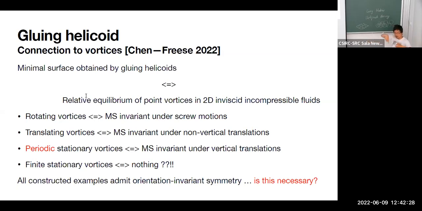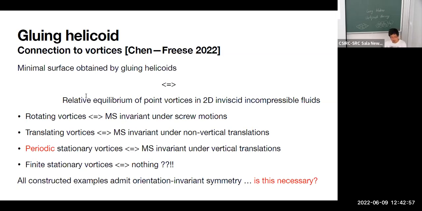For example, one clockwise, one anti-clockwise, same strength. You can create these two vortices by placing a plate in a swimming pool and just doing this, and you will see two vortices moving together like this. And this will give you a minimal surface invariant under a translation, but this translation cannot be vertical.